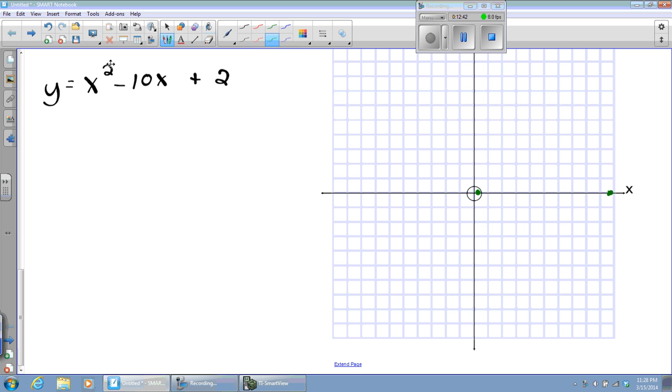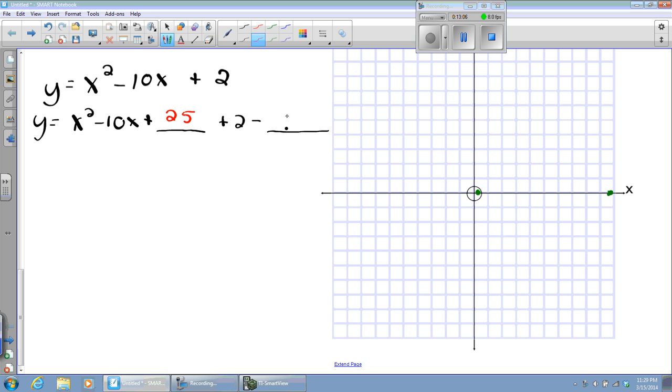All right, so let's try this. So y is going to equal x squared minus 10x plus blank plus 2 minus blank. All right, so half of that will be negative 5. Squared will be plus 25.